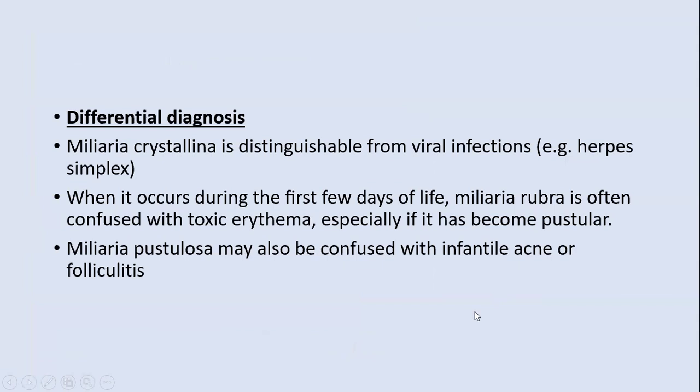Differential diagnosis. Miliaria crystallina is distinguished from viral infections, for example herpes simplex, when it occurs during the first few days of life. Miliaria rubra is often confused with toxic erythema, especially if it becomes pustular. And Miliaria pustulosa may also be confused with infantile acne or folliculitis.